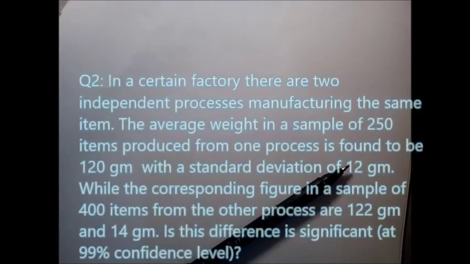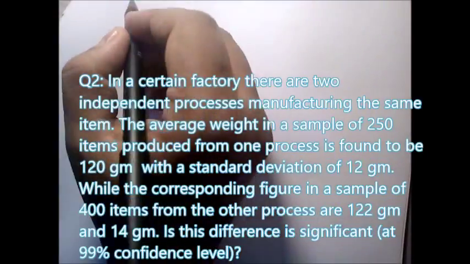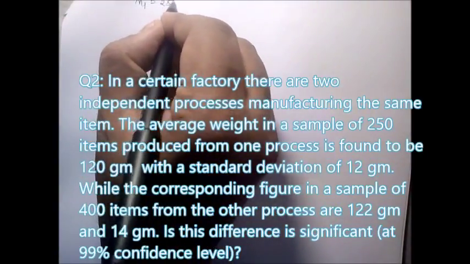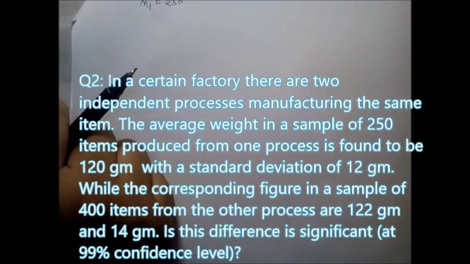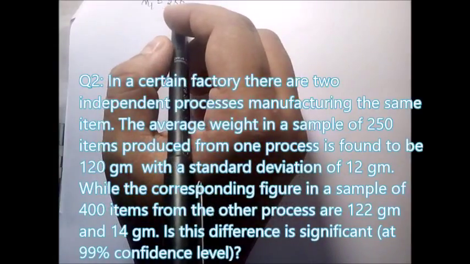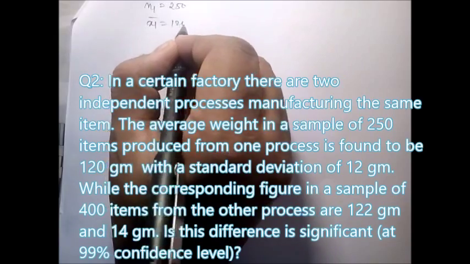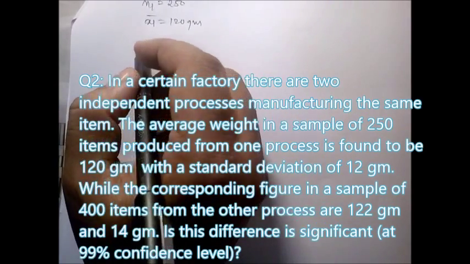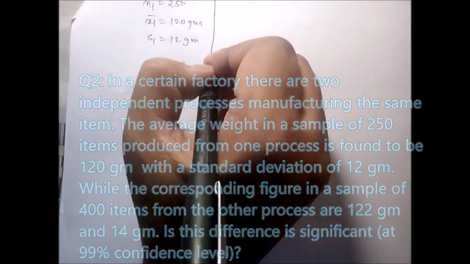In a certain factory, there are two independent processes manufacturing the same item. Second question. The average weight in a sample of 250 items produced from one process is found to be 120 gram with a standard deviation of 12 gram.